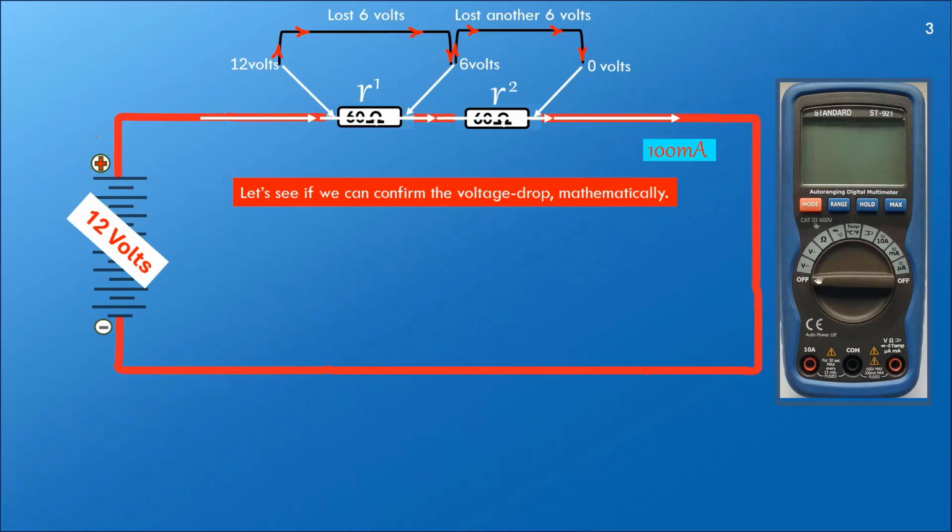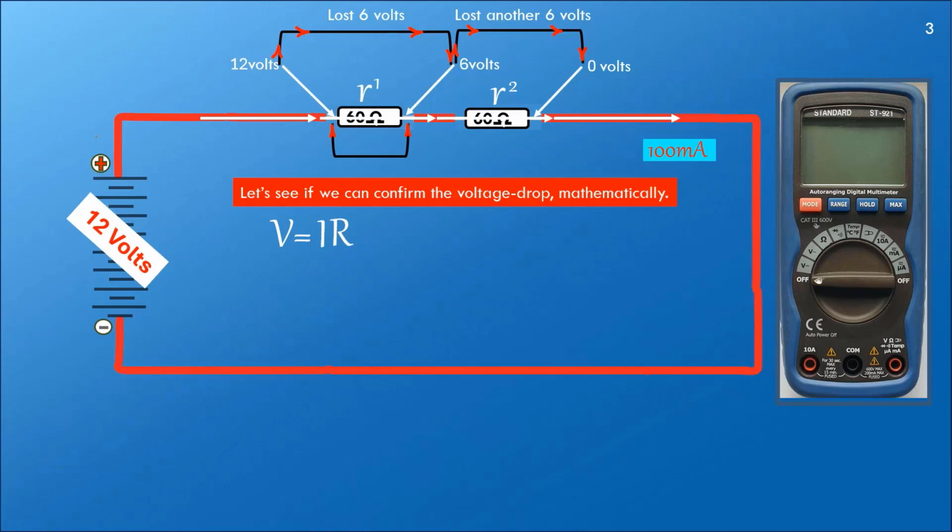The voltage formula is the one we need to use, and we are going to apply it to resistor 1 across this resistor here. Once again, here is the formula. V equals I times R.